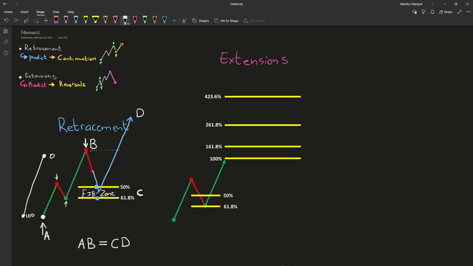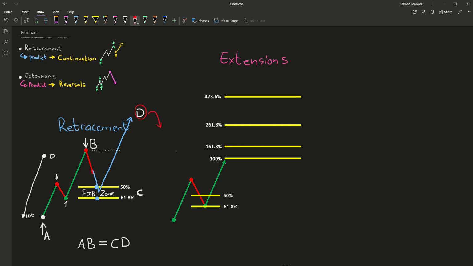Now, looking at Fibonacci extensions or expansions, this is at the point where we've already found point C and we're trying to predict where point D is going to happen. So point D will happen at a point where the market might potentially start changing direction and moving back down in the case of the uptrend.